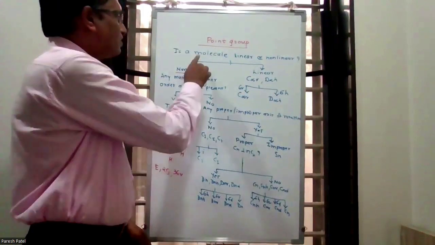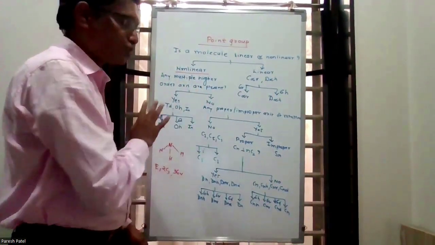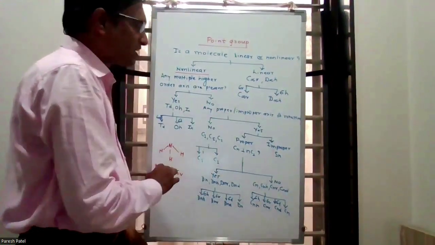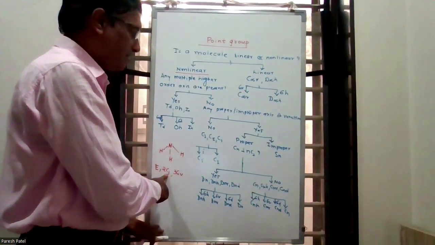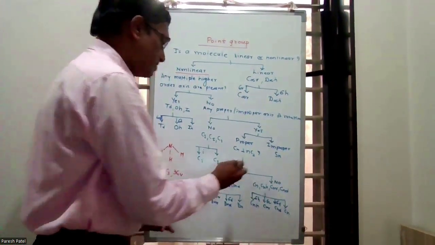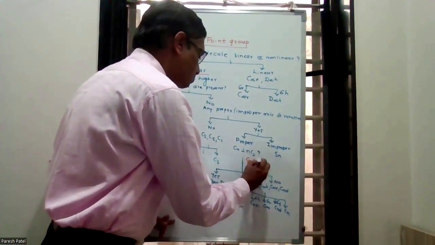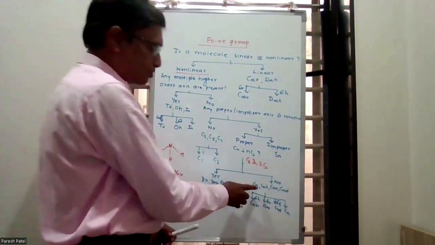Okay. This molecule is nonlinear. Multiple higher-order axes are also absent. Any proper or improper axis? Yes, proper axes are there, C3 plus and C3 minus. But here C3 isn't perpendicular to 3 C2s. It means you have to go for the C option.